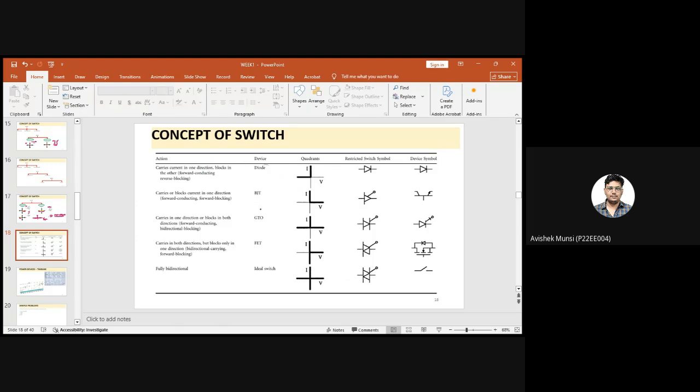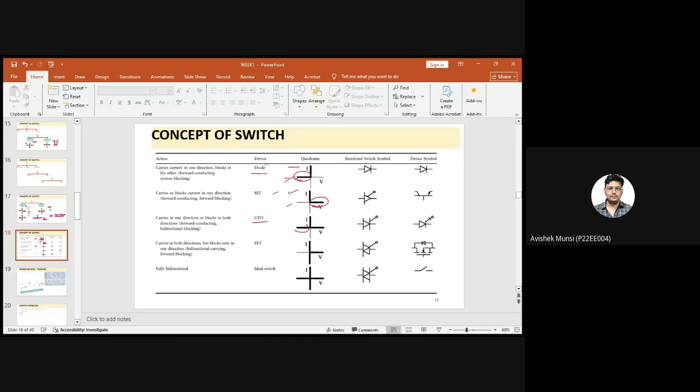So at a glance, I'm showing here the quadrants. You can go through these quadrants for understanding. A diode is a unidirectional unipolar switch. BJT is also a unidirectional unipolar switch, but the difference is that in the case of the diode, there is the capability of reverse blocking, but in the case of BJT, there is the capability of forward blocking. Next is GTO, gate turn-off thyristor.